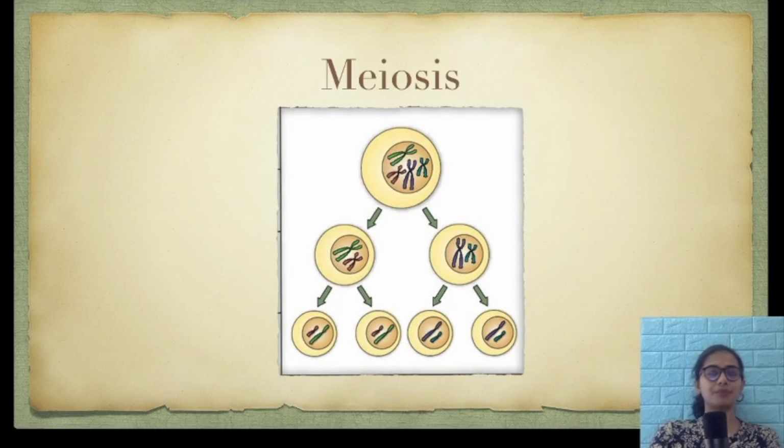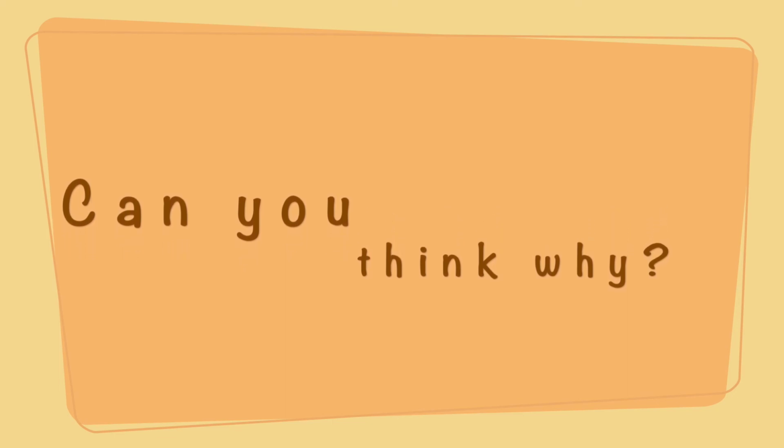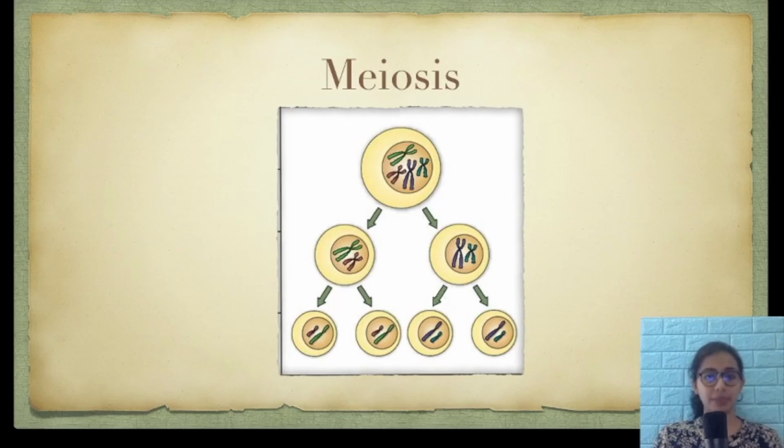So, the chapter in your textbook ends with a tricky question. Why do you think that the chromosomes must reduce into half the number during meiosis? We've already seen that meiosis happens for the formation of gametes, right? And gametes are nothing but sperm or ovum, and a single gamete cell is just half the story of an organism, right?